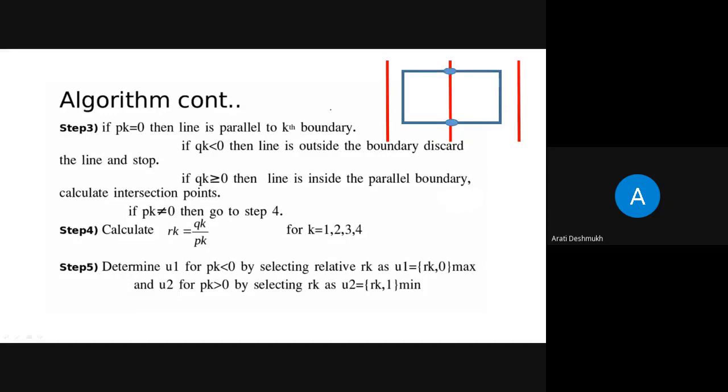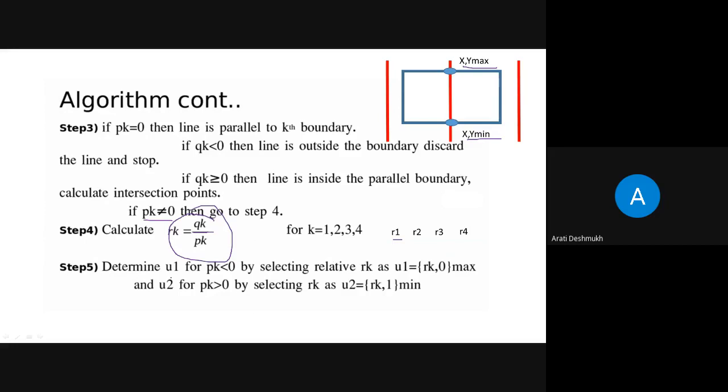Then we find out the inner boundary point. This is the x y minimum and this is the x y max, and we just find out the calculations. But if it is not equal to 0, then we want to find out r1, r2, r3 and r4. What is the formula? It is qk upon pk.